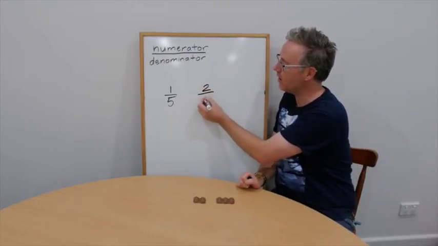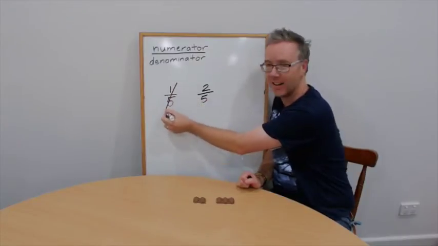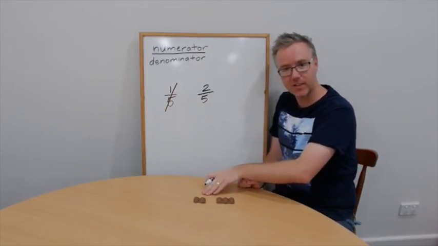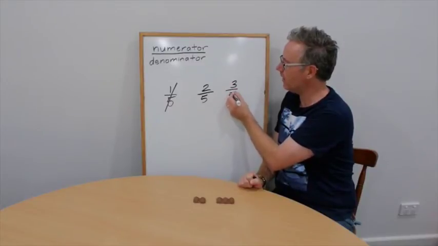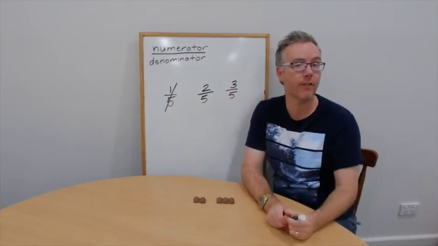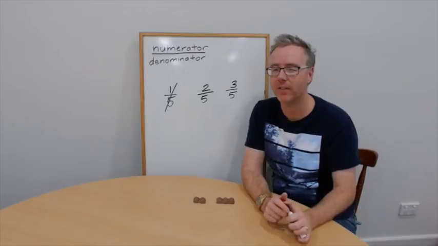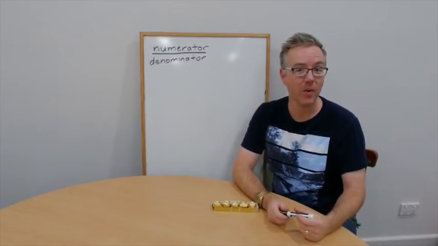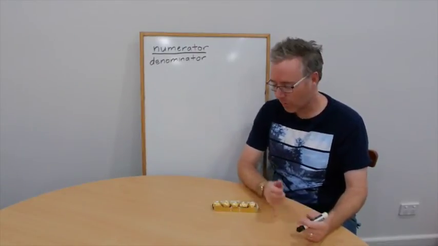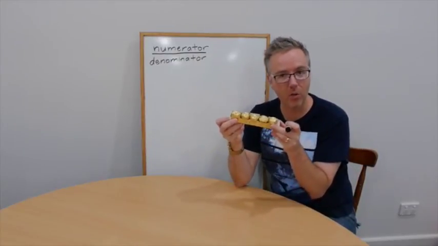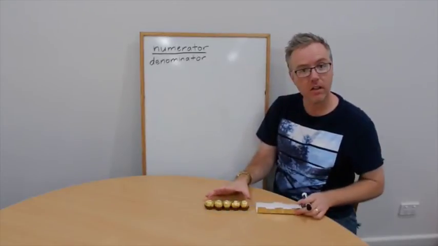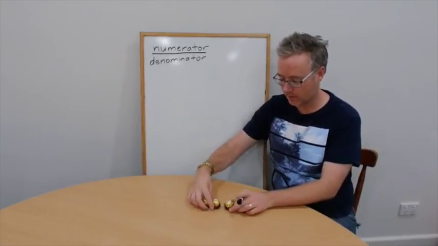So on this side, I have 2 fifths. This side, I have 3 of the 5 parts, and we say fifths. Now that we're still on the fifths, we have a whole here. And the whole box has 5 equal parts.